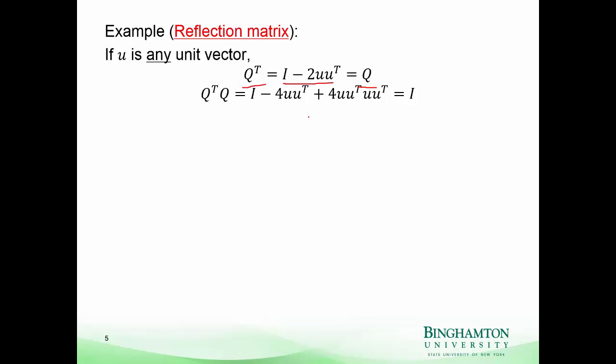And so if we look at Q transpose times Q, we can work out what that ends up giving us. We just apply rules for transpose to that, work it all out, and we can see that a bunch of stuff ends up canceling.